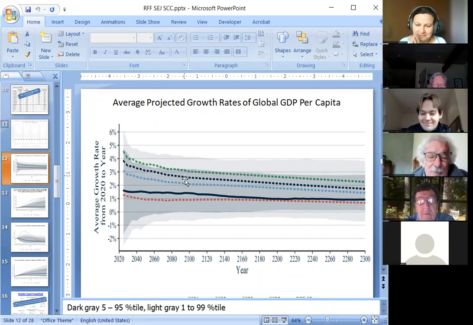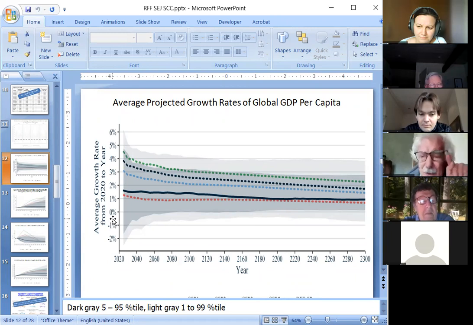First of all, these 4 pathways do not cover the uncertainty range, right? So this light gray is the 1% to 99% quantile, and the dark gray is 5% to 95%. And so what you see is there's a lot of uncertainty outside these pathways. And in particular, let me point out this. Look here, this is 0.